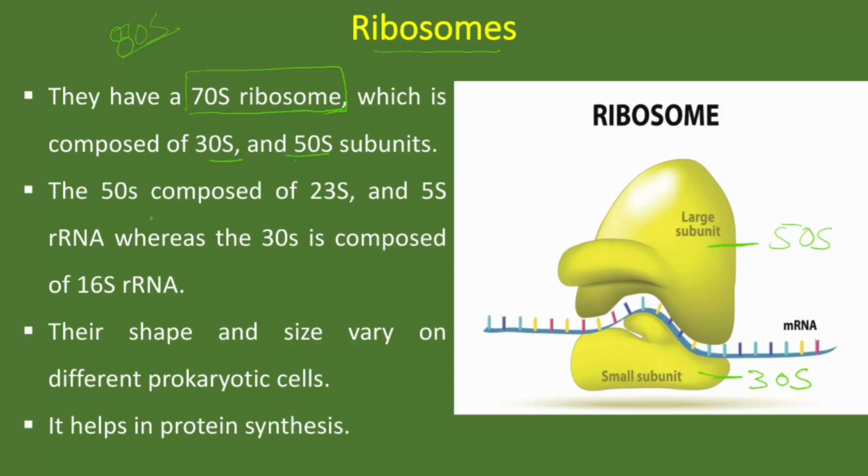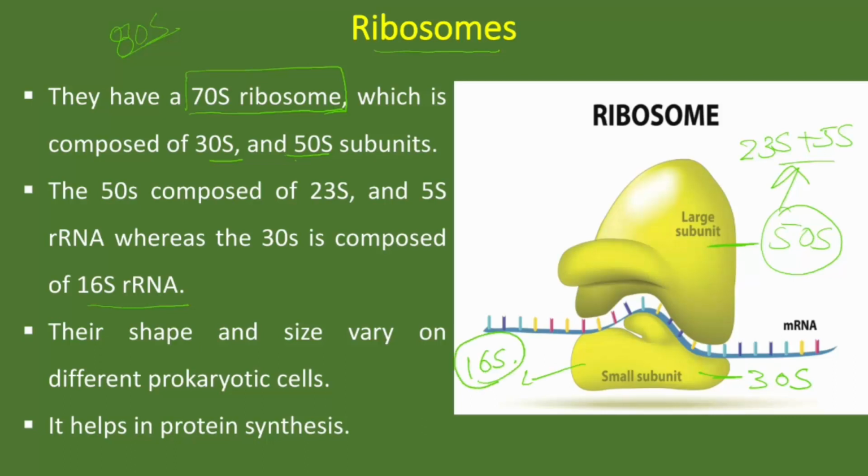Fine. And the 50S is composed of 23S and 5S RNA, whereas the 30S is composed of 16S RNA. And again, this 50S has been divided into two portions, that is 23S plus 5S. Fine. And the smaller subunit contains 16S RNA.